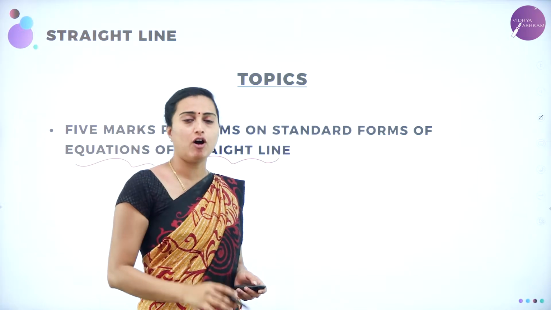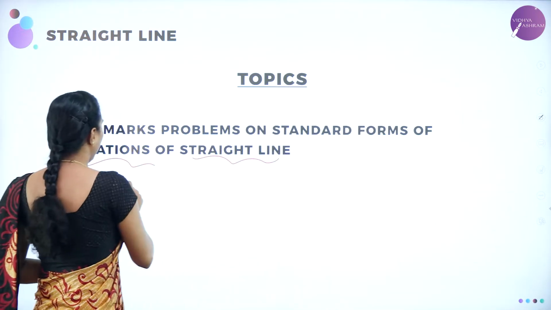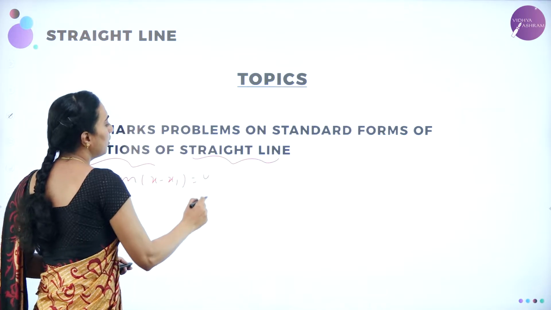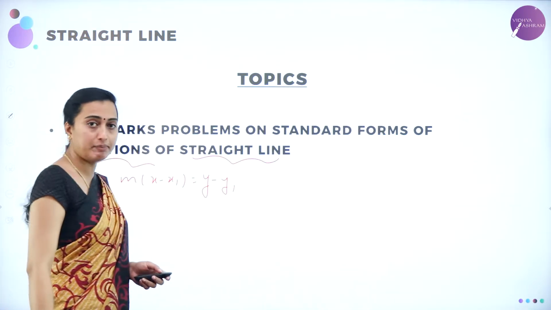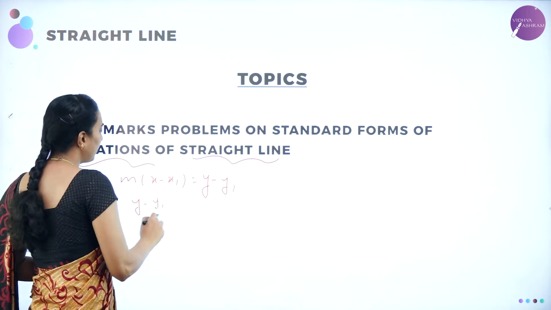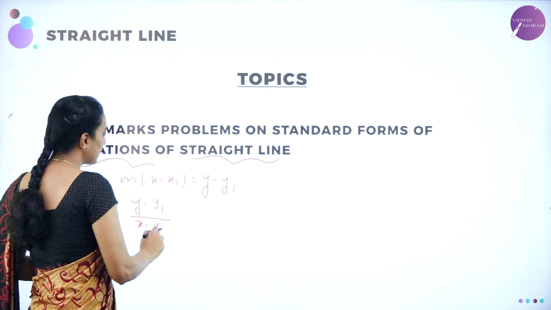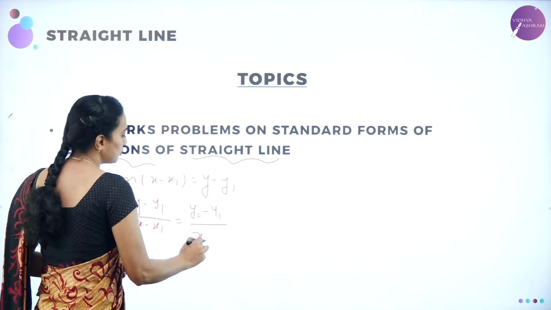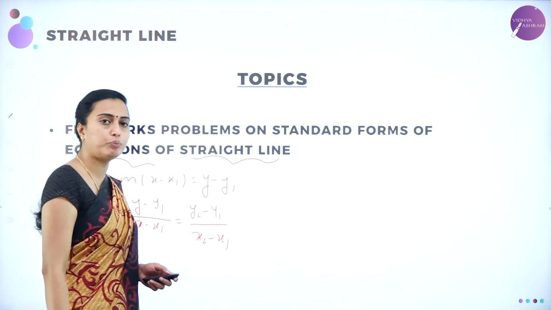Slope-point form is given by the formula m into x minus x1 is equal to y minus y1. Similarly, two-point form is given by the formula y minus y1 divided by x minus x1 is equal to y2 minus y1 divided by x2 minus x1. This is called two-point form.